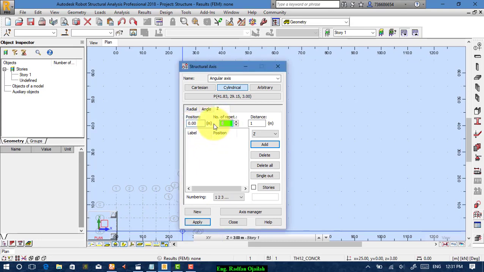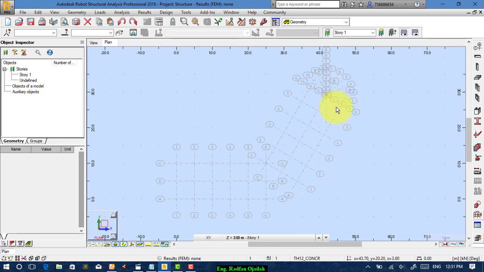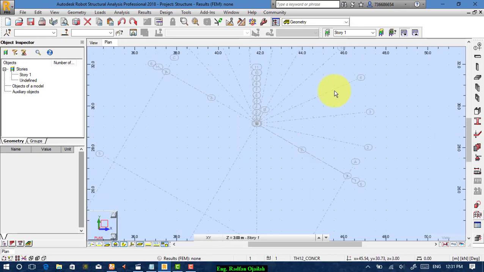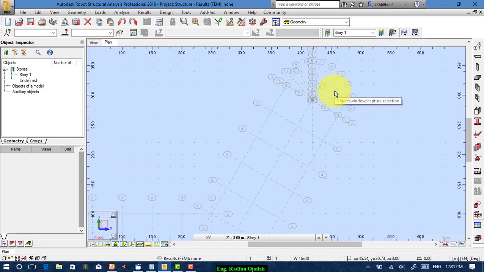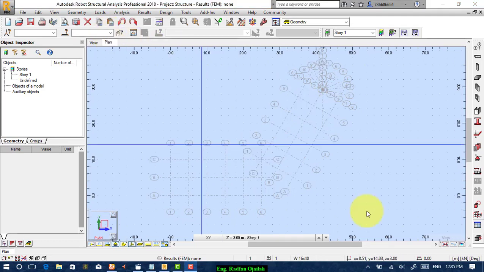Number of repeats is as in the first grids, 3, and distance is 5. Then add, make it value and add, then apply, then close it. As you see, we have added new grid lines, allowing us to model the building consisting of 3 blocks.